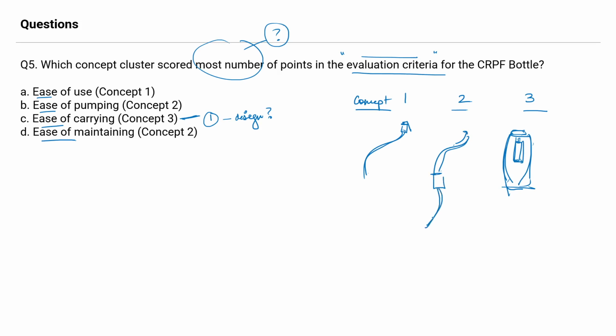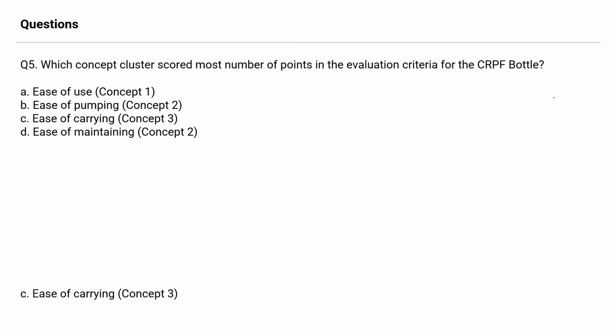They had pipes, but here it was all integrated. So from that perspective, it was easy in carrying. That's why this scored the most number of points, and the correct answer lies in option C. Well said, sir. Great.